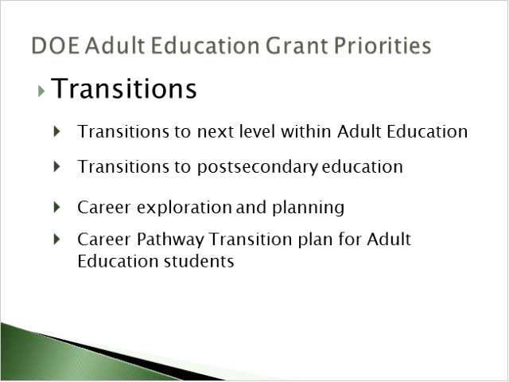It could be ESOL into ABE or GED, but helping our students complete and move on to the next phase of their education. We also looked at transitions to post-secondary education, and that could be within a CTE program, an industry certification program, or a community or state college.